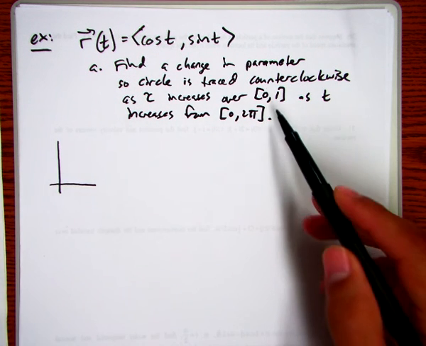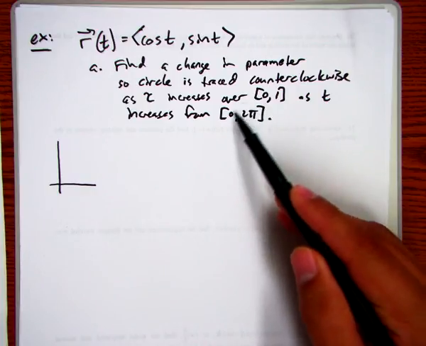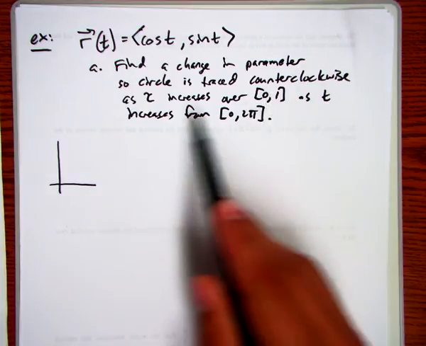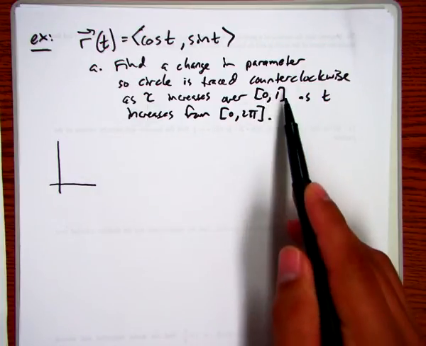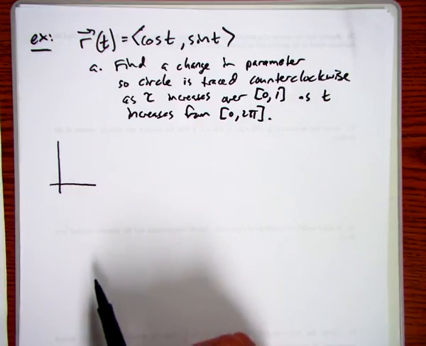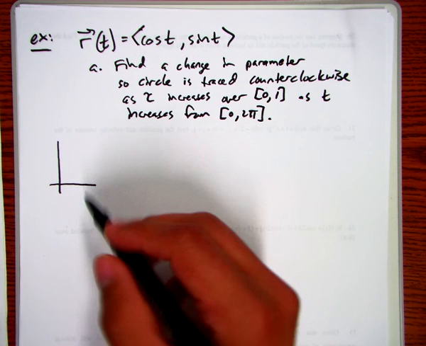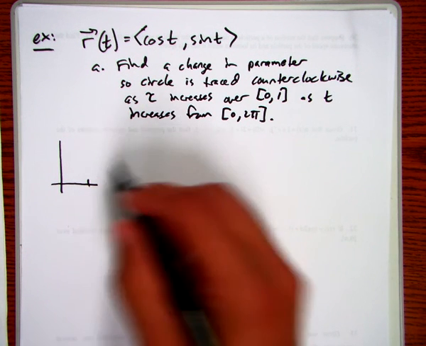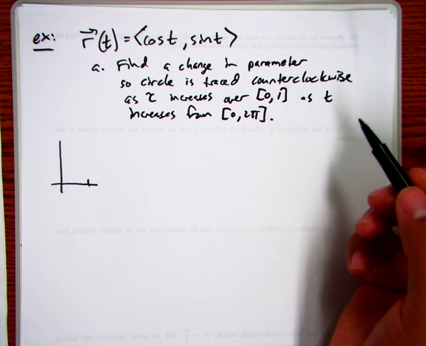What kind of relationship do we expect if tau is increasing from 0 to 1 at the same time t is increasing from 0 to 2 pi? Yeah, they're proportional. So we can just set up an axis here.